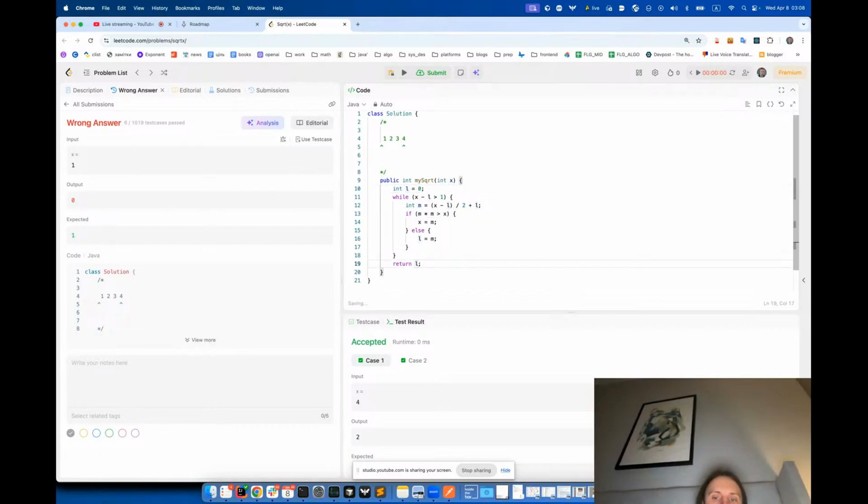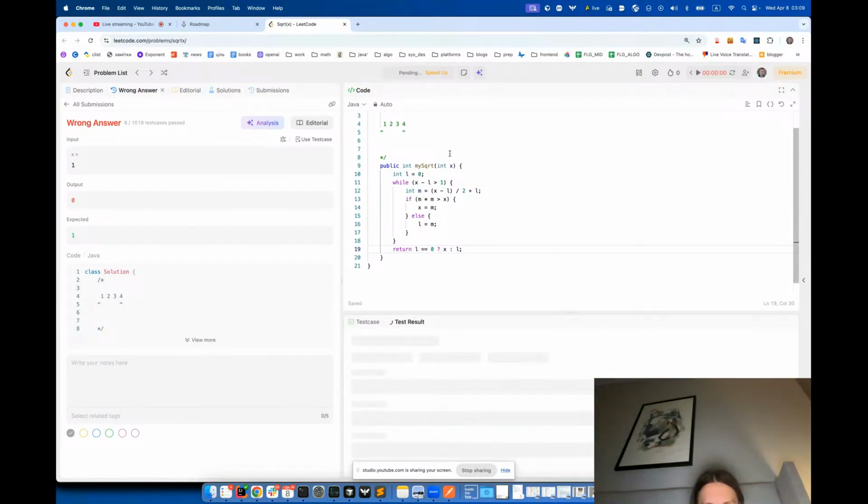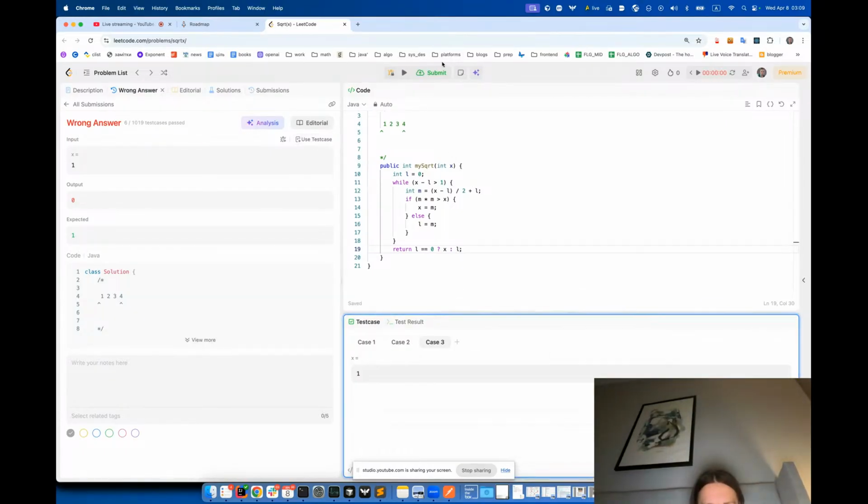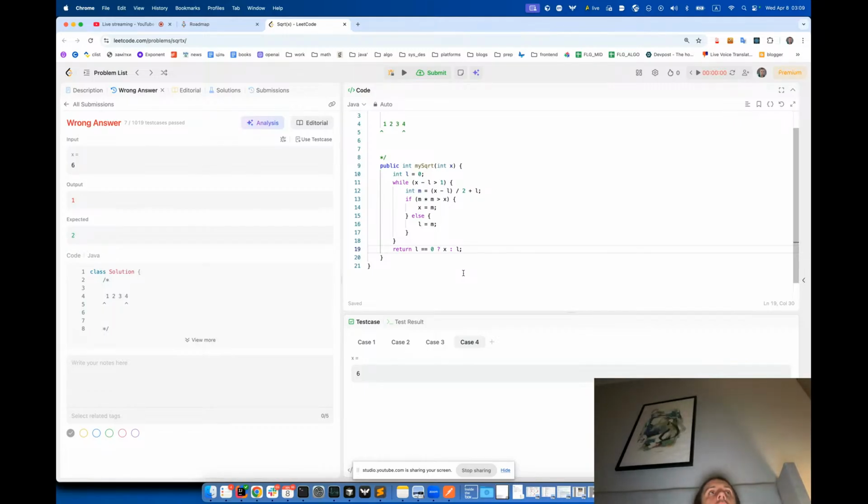Yeah, if 0, then we return x, otherwise no. Okay. 3, 3, 2.